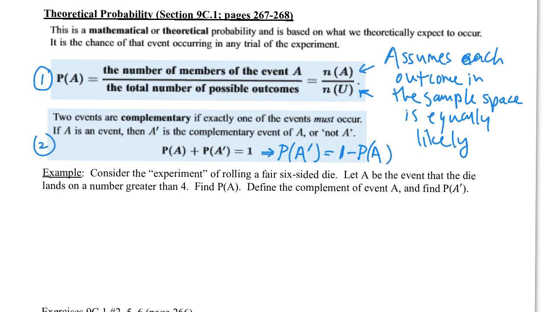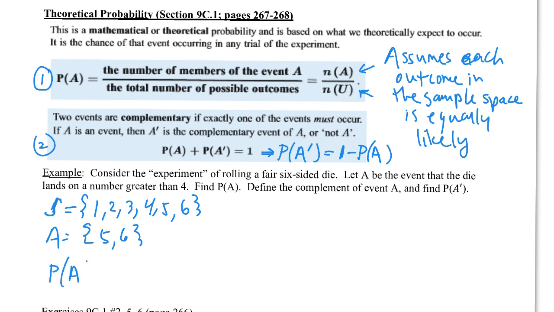Okay, so if I have an experiment of rolling a fair 6-sided die, and A is the event that it lands on a number greater than 4, all I would have to do to find this P of A is to think first about what's in the sample space, that it's just a list of the numbers 1 to 6, and then I have to think about what is in event A, only the numbers 5 and 6. So if I follow that rule above, P of A has 2 out of the 6 outcomes in the sample space. So feel free to leave an answer 2 over 6, or 1 over 3, or a 3 sig fig decimal.